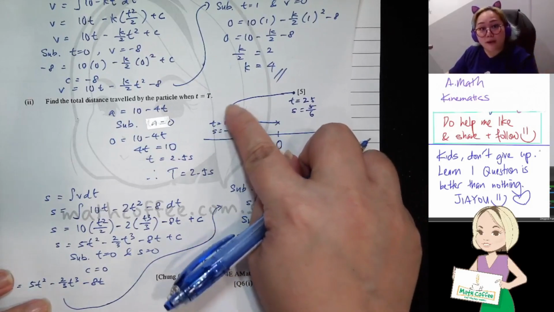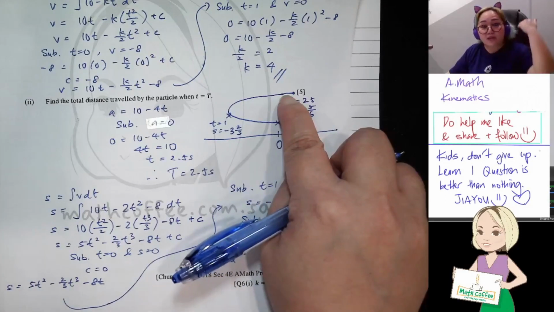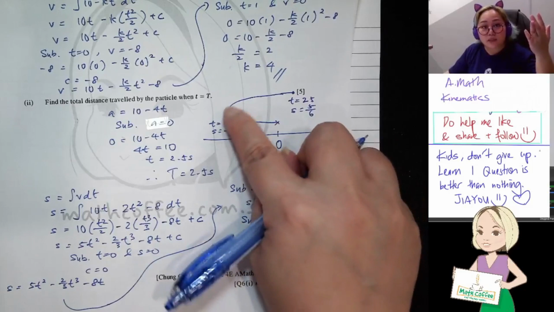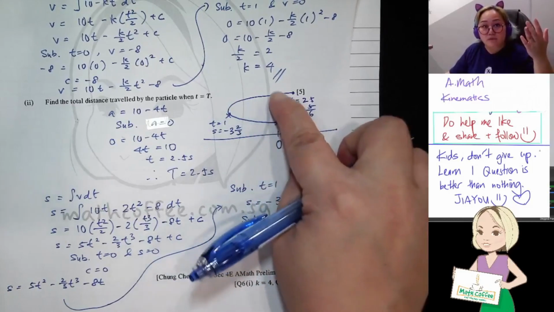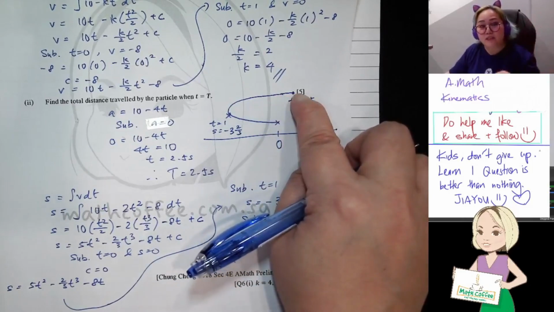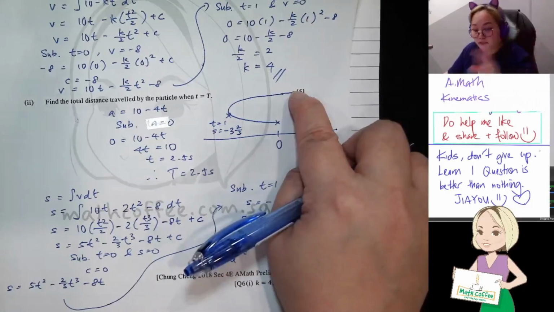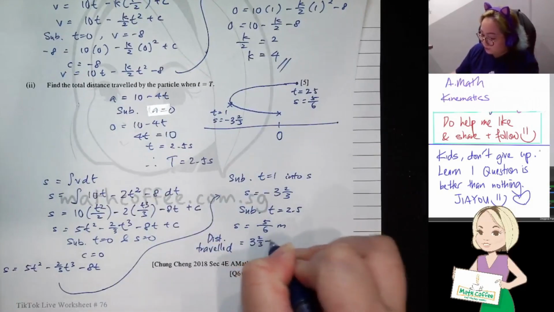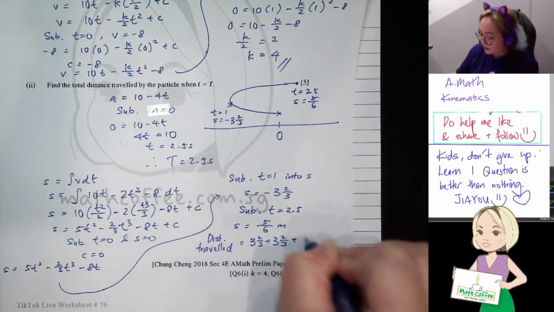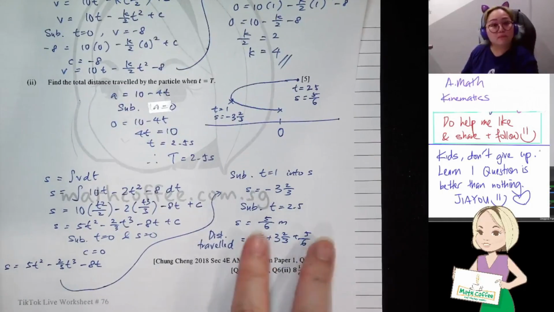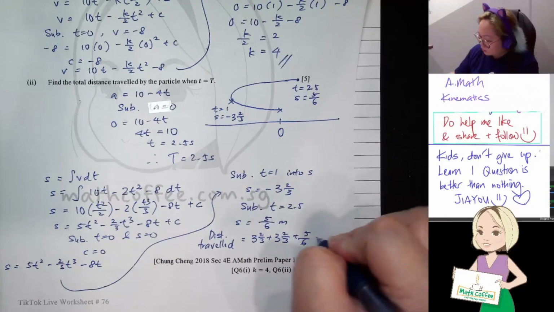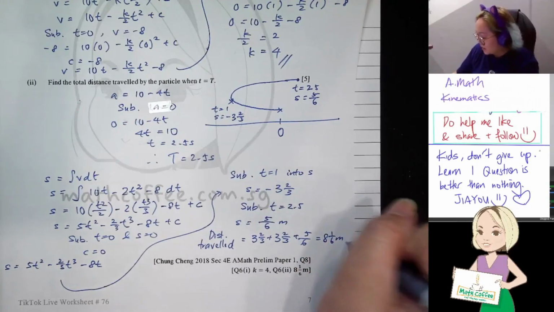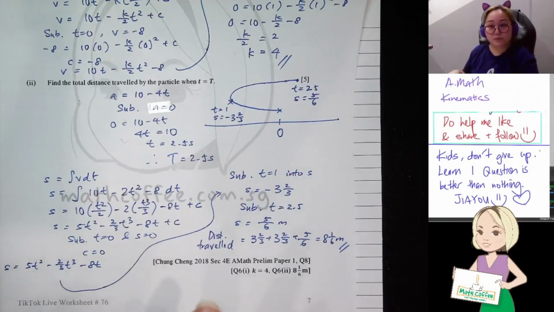In order to come back to the O, you need to travel another 3 2/3. Agree? And from the O, to go to the 5/6, you need to travel another 5/6. So the total distance traveled is 3 2/3 plus 3 2/3 plus 5/6. Therefore, it traveled a total of 8 1/6 meters. And that is the answer for this question.